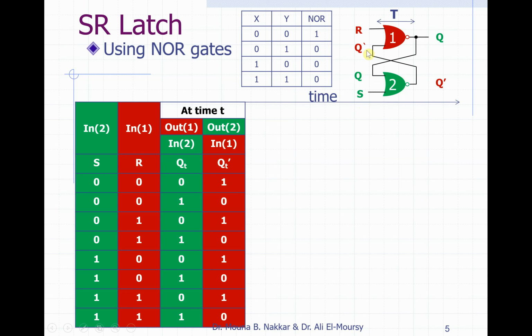What about Q bar? Q bar by definition is the complement of Q, so it is not a unique input. That's why our table here shows S, R, Q, and automatically Q bar is the complement of Q. So effectively, from the digital logic point of view, we have a circuit that has 3 unique inputs: S, R, and Q, and Q bar is the complement of Q by definition.